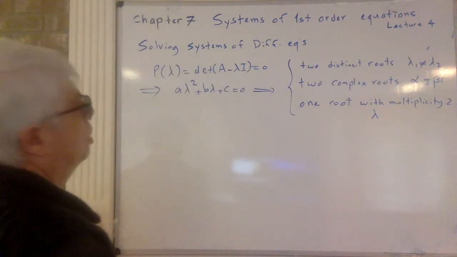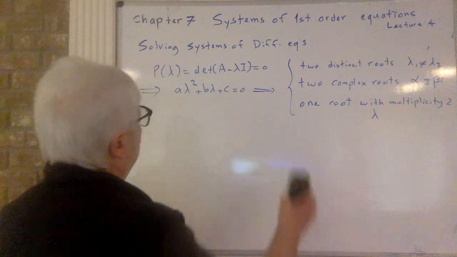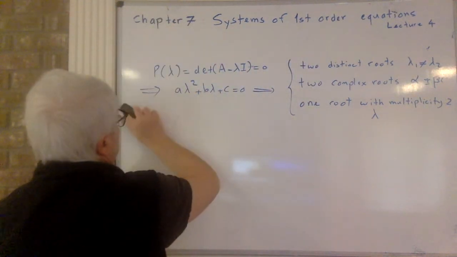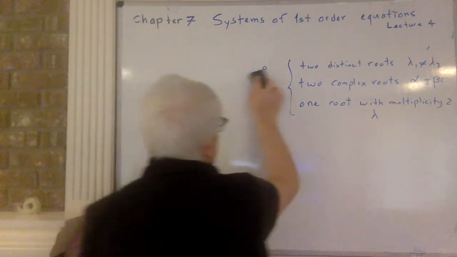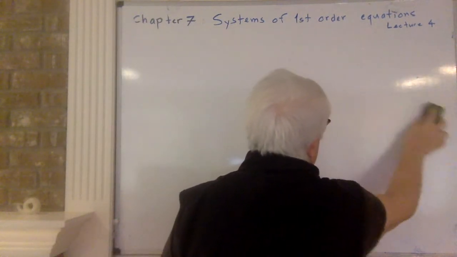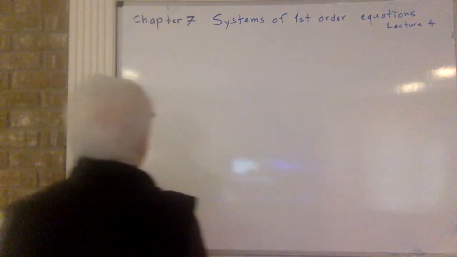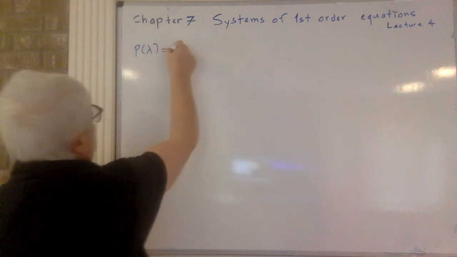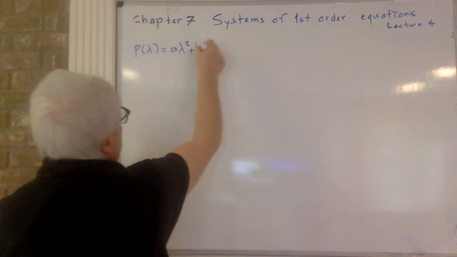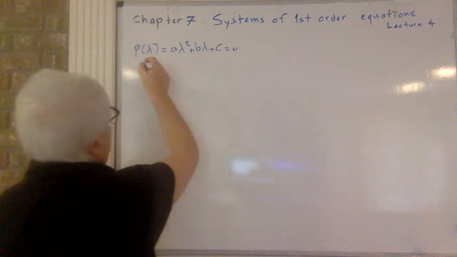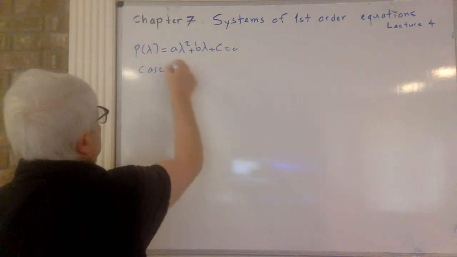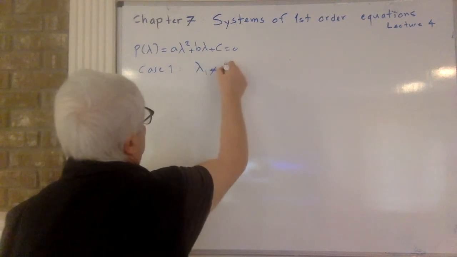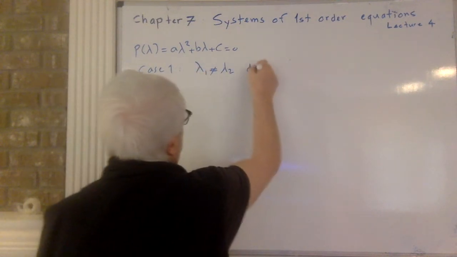Okay, so let's discuss the first case, and I'll give you examples of it. Case 1, we have p of lambda, a lambda squared plus b lambda plus c, and lambda 1 not equal to lambda 2, distinct solutions.